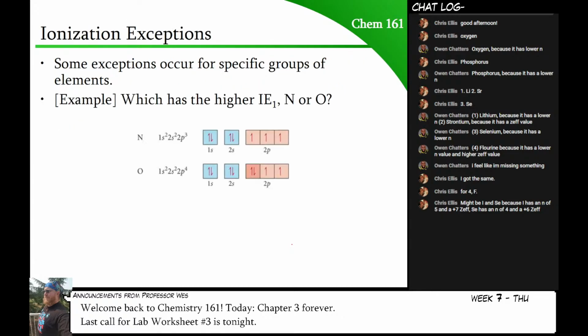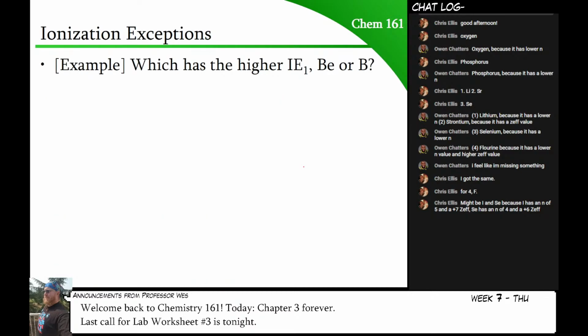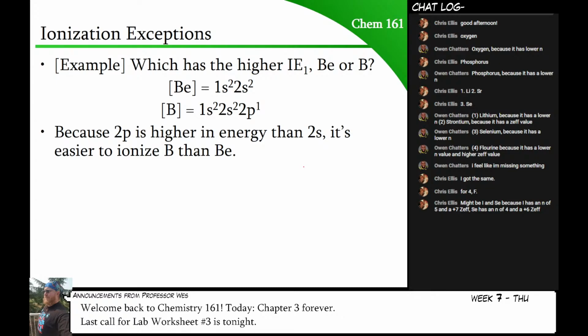We've already talked about these exceptions, so I'm just going to kind of breeze over them. But remember, the first time you have an electron pair that is present, the ionization energy for that element is slightly lower than the previous one, because the electrons push each other out. And then when you go from s to p, the p orbital is slightly easier to ionize for the first electron because it's higher in energy.